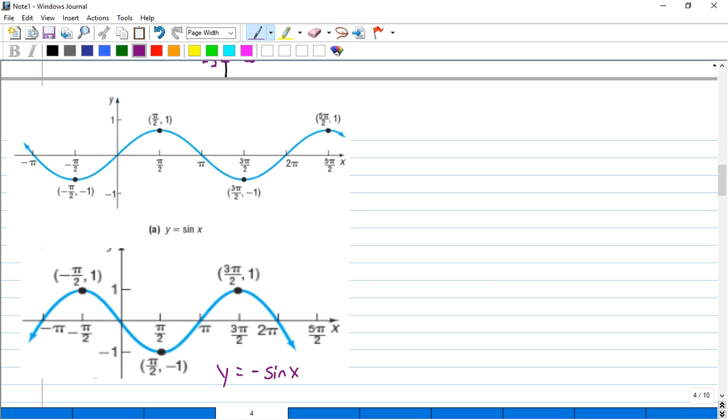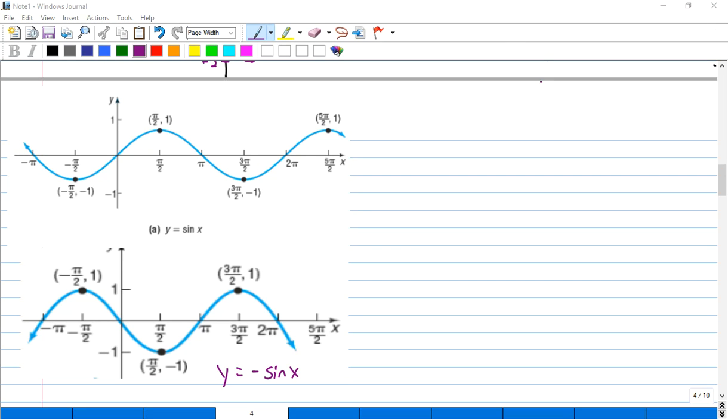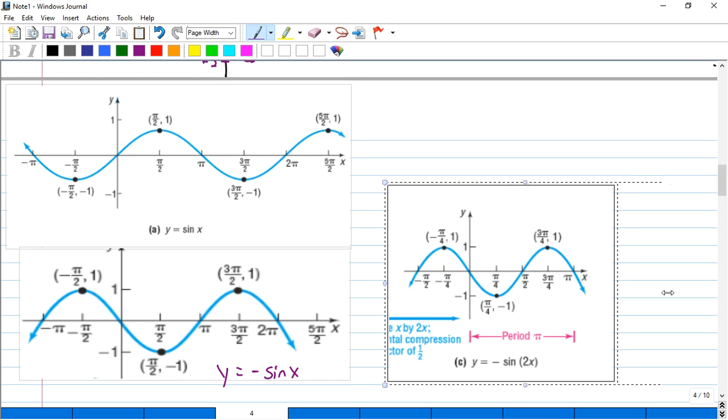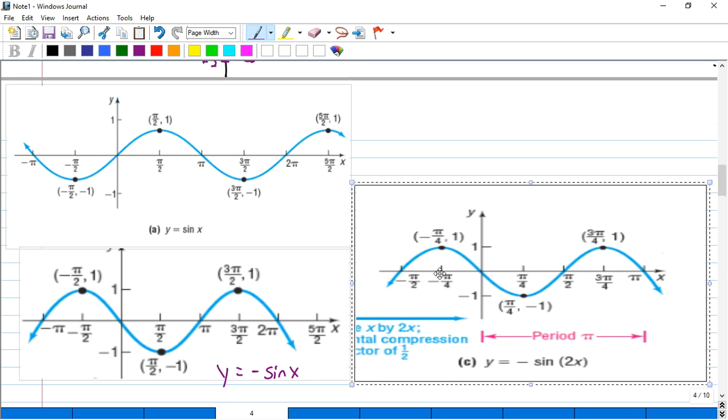And then here's y equals negative sine of 2x. I really don't like the way this is looking, so I'm going to do something different to show you the same concept, but I'm going to put it here anyway. So here's the negative, which the one on the left is negative as well, so I'll try to put it to the side.